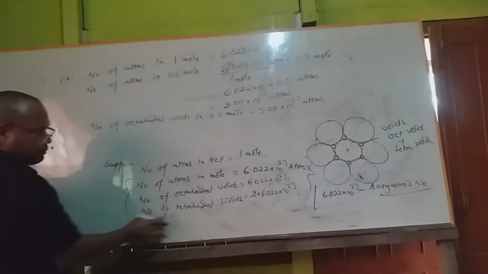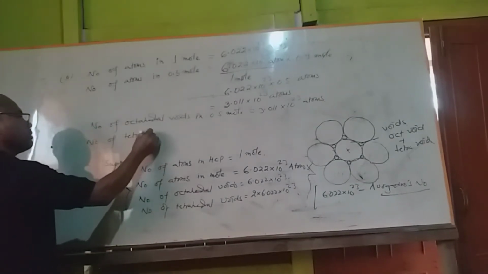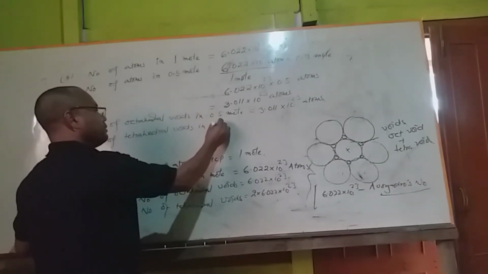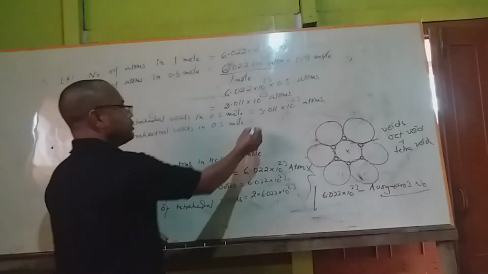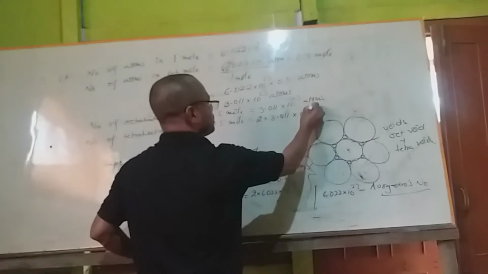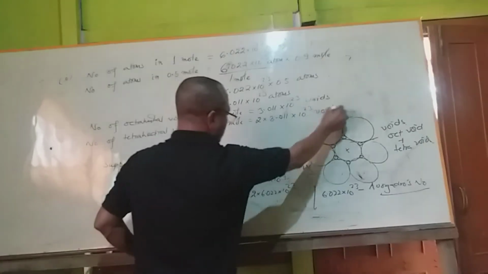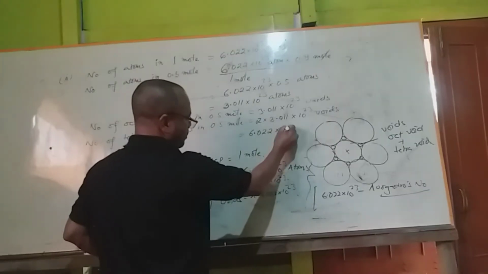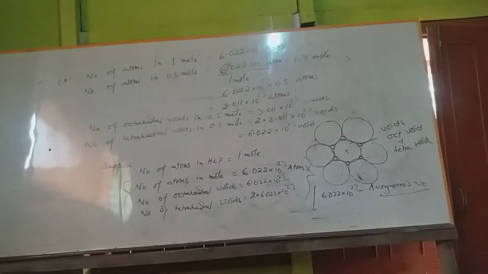Similarly, let me calculate the number of tetrahedral voids in 0.5 mole. We already know this is twice the octahedral voids, so we multiply 2 into 3.011 into 10 to the power 23. Not atoms, this is voids, sorry. That gives 6.022 into 10 to the power 23 voids. This is the number of tetrahedral voids.